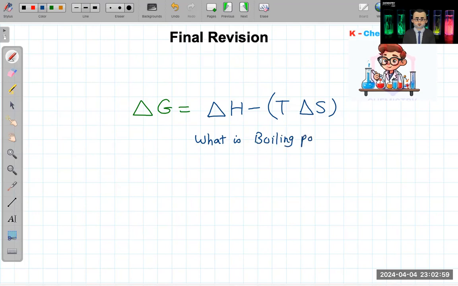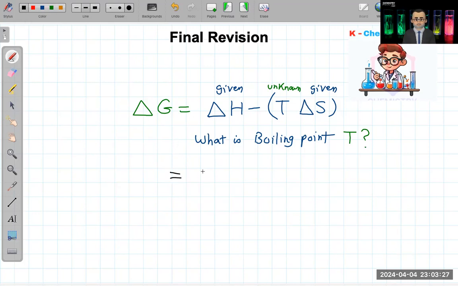How do I know the boiling point? He will give me delta H and delta S, these are given. This one is unknown. And he will ask me, what is the temperature? What is the boiling point? How do I find it out?